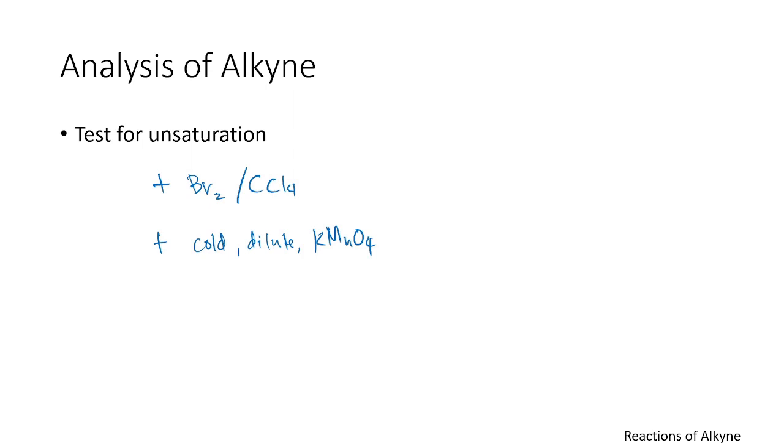For bromine, addition of halogens lang ulit yan. And for the cold dilute KMnO4, it will proceed to hydroxylation. So by hydroxylation, we will have hydroxyls about the triple bond. So if we have more hydroxyl, magkakaroon tayo ng tetra hydroxyls.